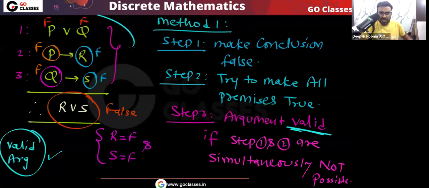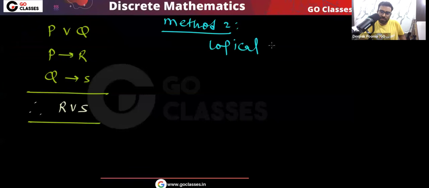We are not using any interpretation here. So you tell me what will be the logical interpretation of this argument, or I can say logically, can you see that this argument is valid? Let's see method number 2. That is logical interpretation. It will give you more intuition.